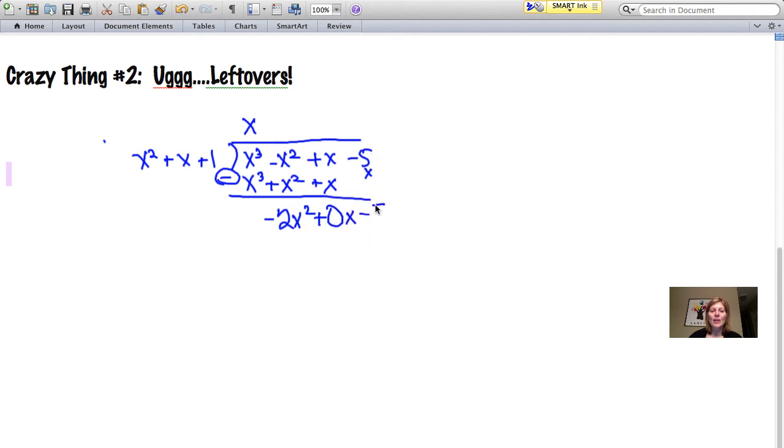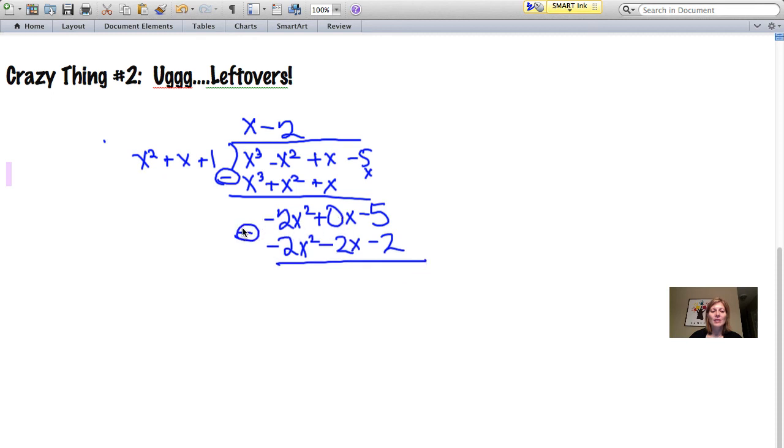Then I pull down this minus 5 and I play the game all over. X squared goes into negative 2x squared negative 2 times, giving me negative 2x squared, and then multiply this guy by all of these guys, minus 2x, minus 2. Again, we're going to subtract everything.